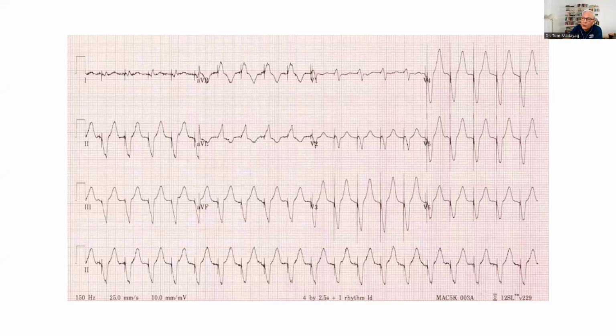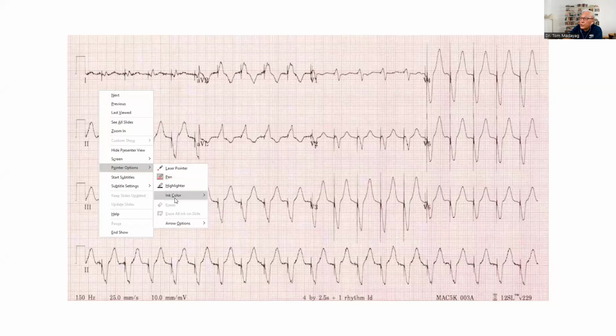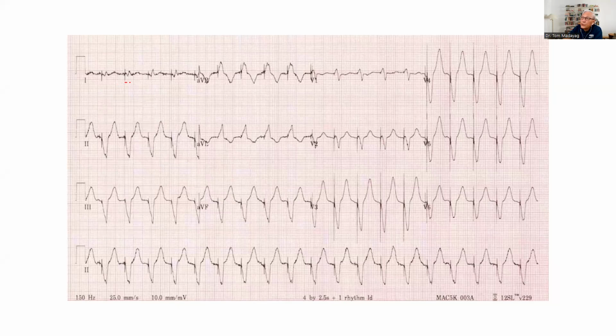So let's take a look at it. Let me change the color of my pointer so you will see it. Do you see these spikes right here? Right there. And I think some of you didn't identify those pacing spikes.